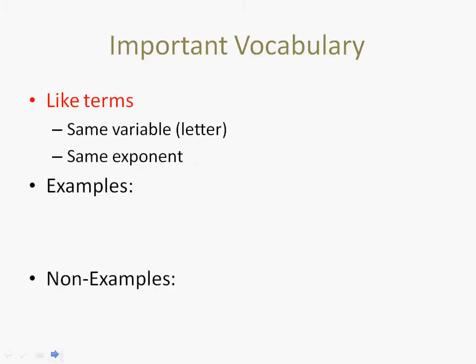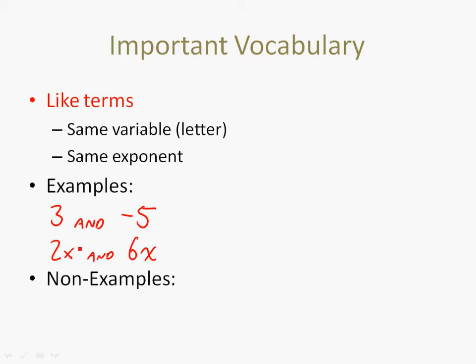Like terms are special. These are terms that have the same variable or the same letter, and they also have the same exponent. So some examples, 3 and negative 5. These are both constants, so those are like terms. 2x and 6x.